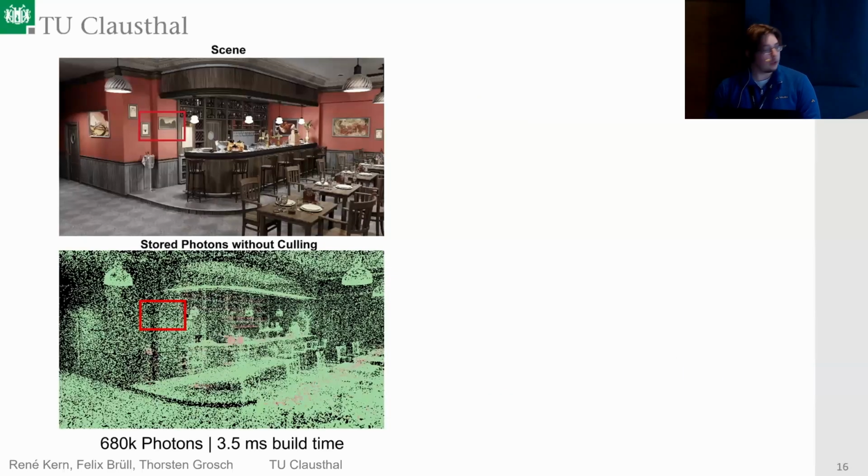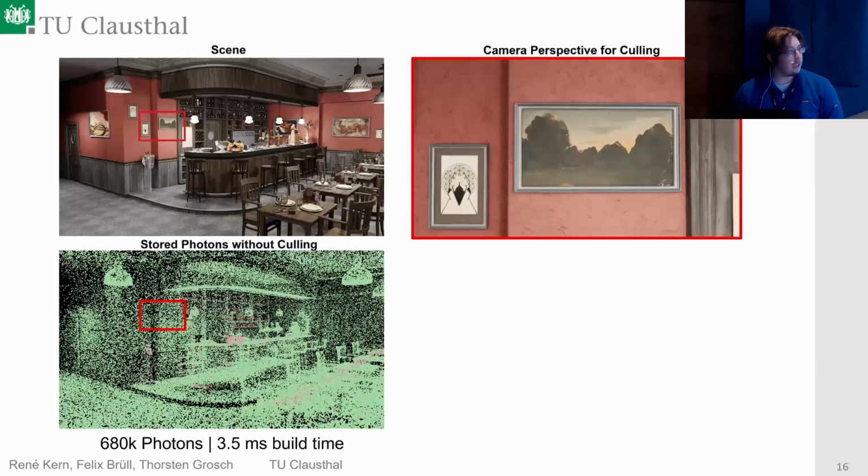So now I will show an example of this. Here's the Amazon Lumberyard Bistro scene, and here's the full photon map of the scene. We now want to look only at this small camera perspective, also marked in this red box. For this perspective, storing the whole photon map and building an acceleration structure with it would be wasted.